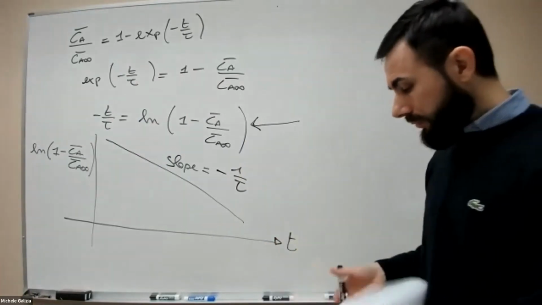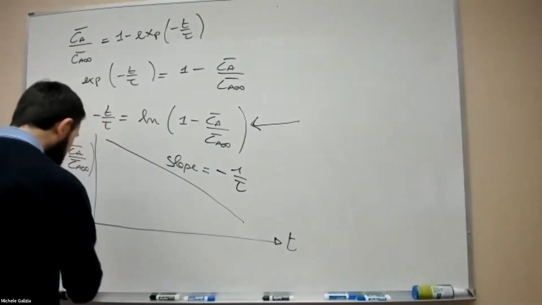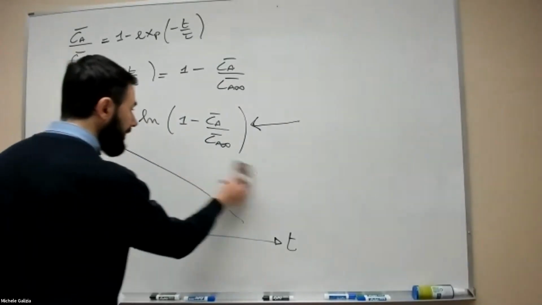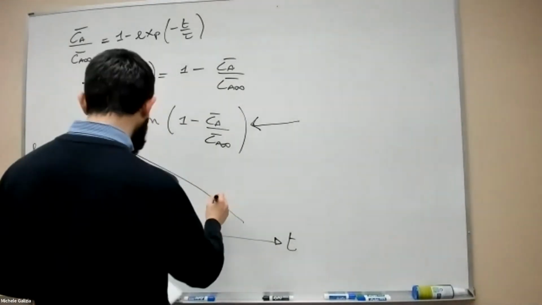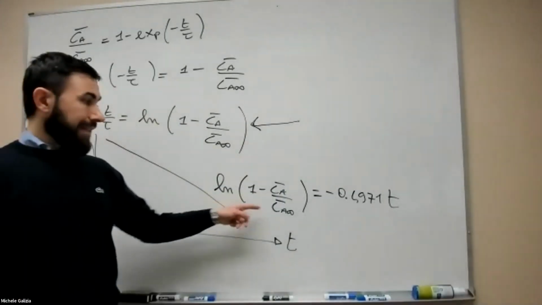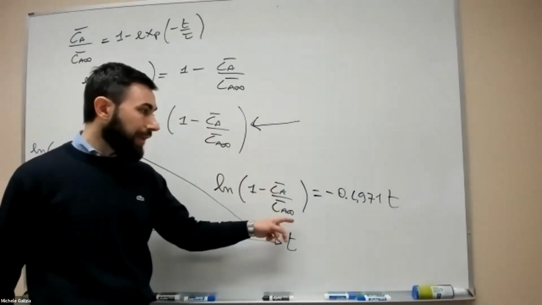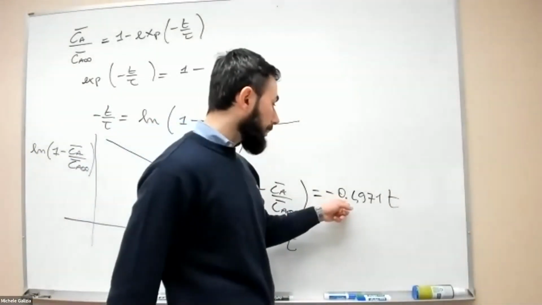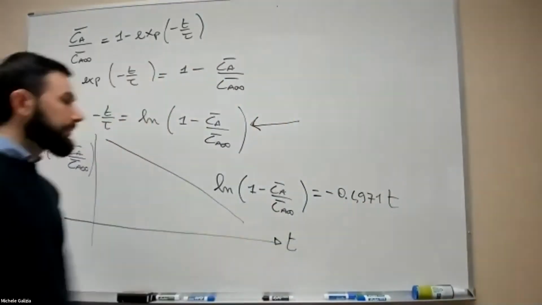Let me write the equation of the interpolating line. Basically, I got something like this: the logarithm of 1 minus CA over CA infinity equal to minus 0.4971 times t.